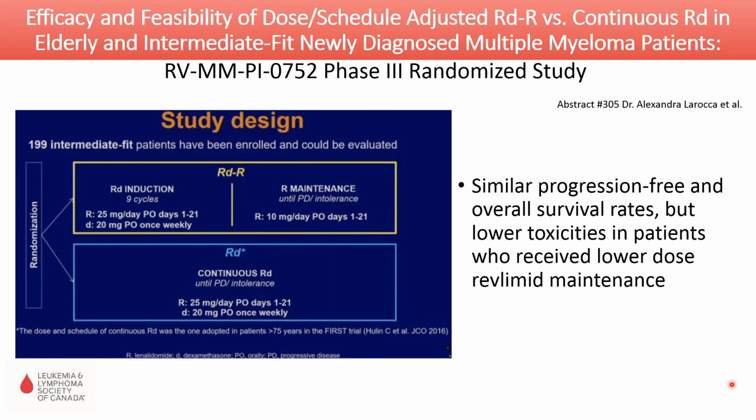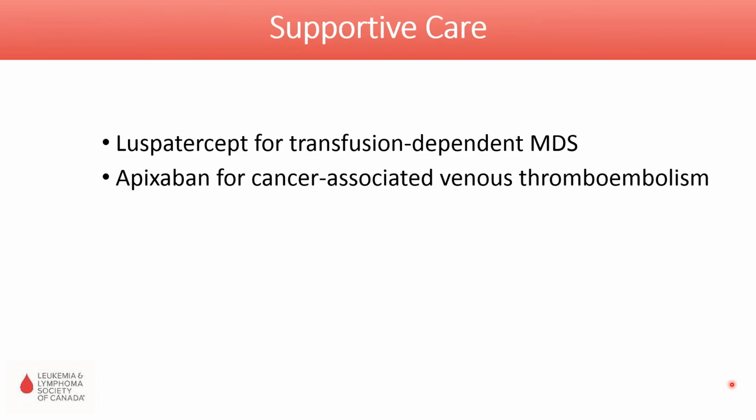And they were able to show that by reducing the dose, you're going to keep patients on therapy longer, their survival rates were actually better, and they had less toxicity. So it is something to consider in patients who are frailer. You're not going to lose anything by reducing the dose. So it is something more of a practice type of thing that some of us who treat myeloma will adopt.